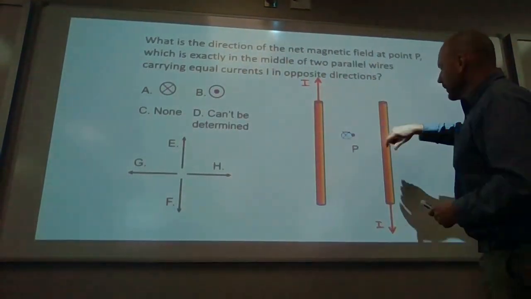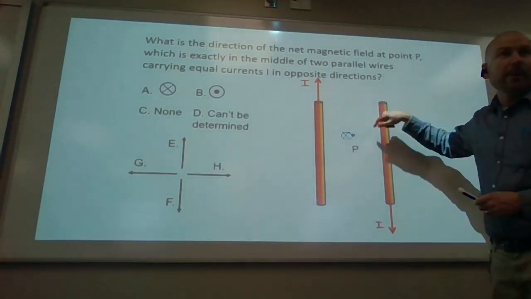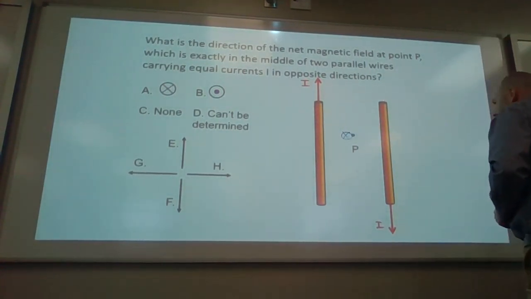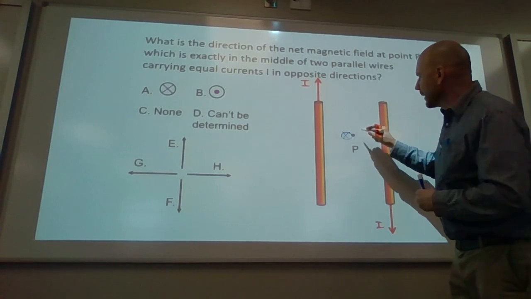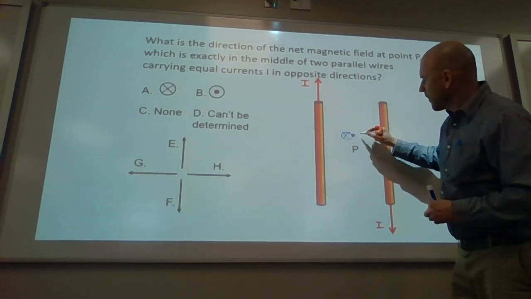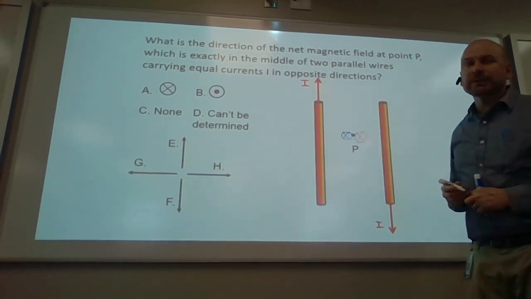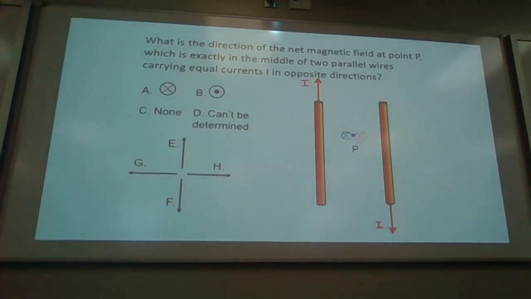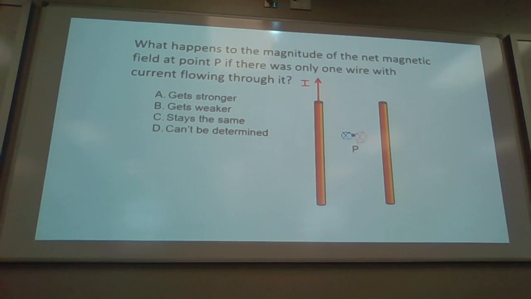This one's going around the opposite way, but at point P, we let go, and it's going to also go into the page. So both of them together contribute to the net magnetic force, the total magnetic force going into the page. You all right with that? Follow-up question.